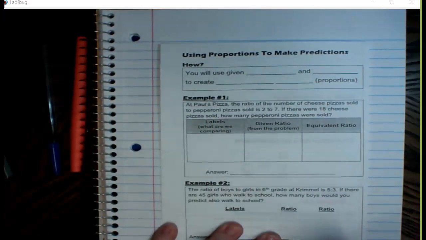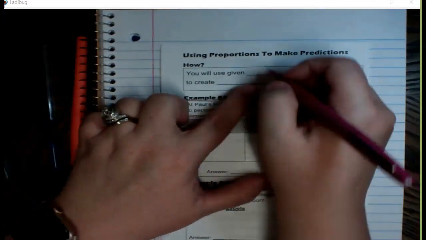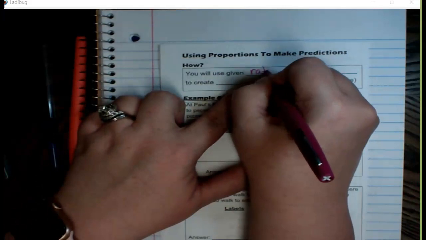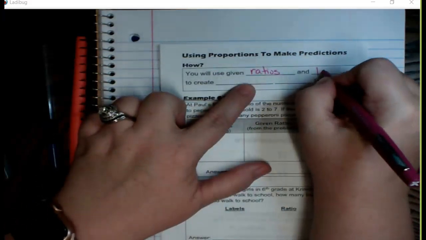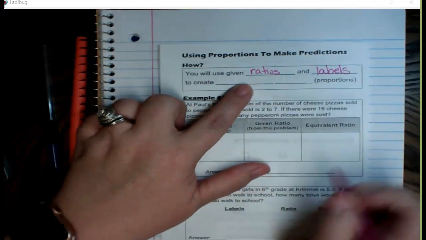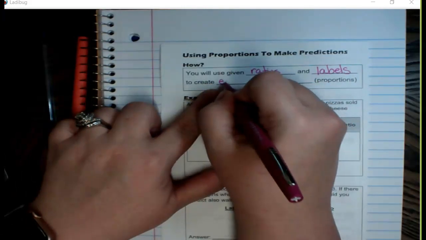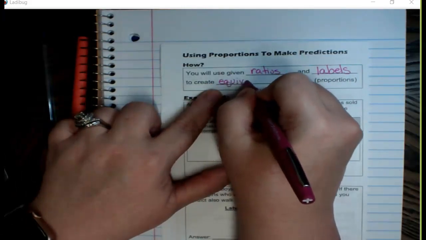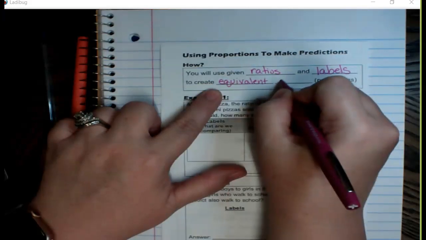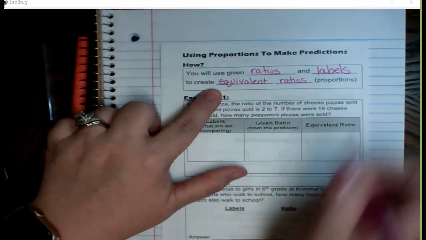So using proportions to make predictions, you will use given ratios and labels to create equivalent ratios, or to create your proportions. So in every problem example, they're going to give us one complete ratio. We're going to use that ratio along with its labels so that we can set up our proportion, or our two equivalent ratios.